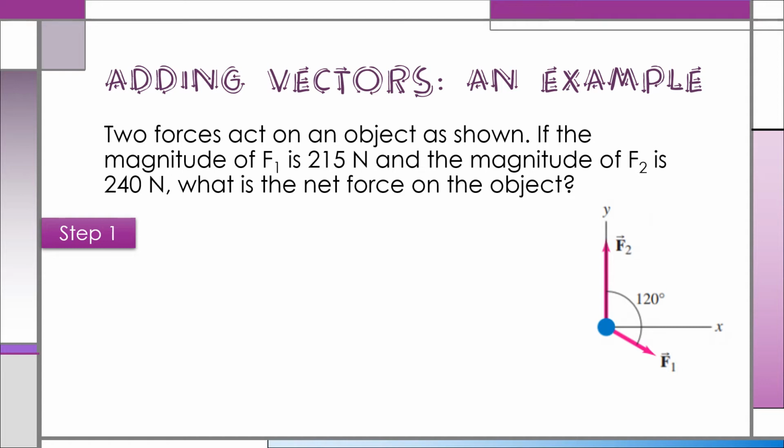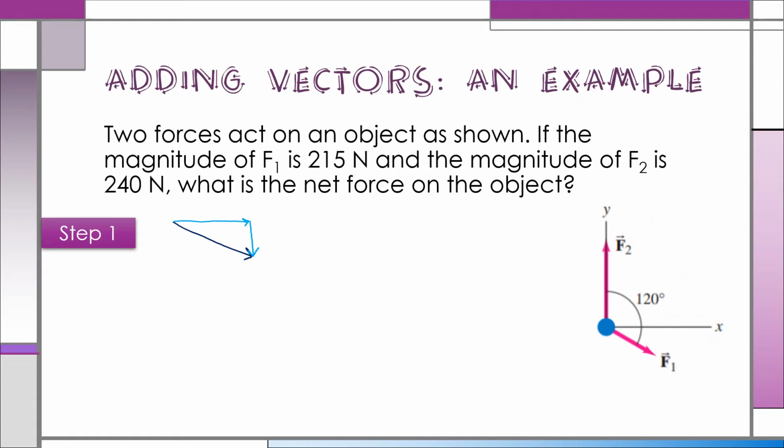And so for starters, we're going to start by finding the x and y components of each vector. So starting with F1, to find those components, again, we're going to draw the overall vector, and then we'll draw its components in here. So that's what its x component looks like. And I'm going to draw its y component, making that triangle right off the bat, kind of like I showed you in that last video.